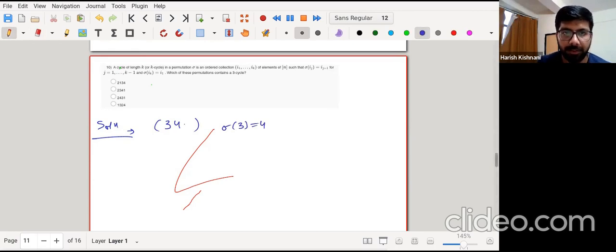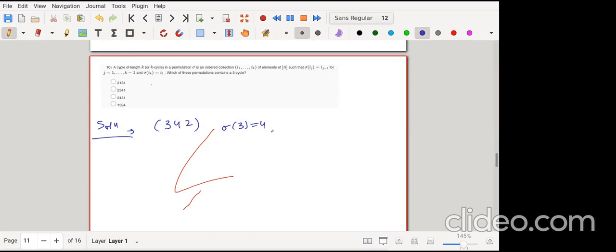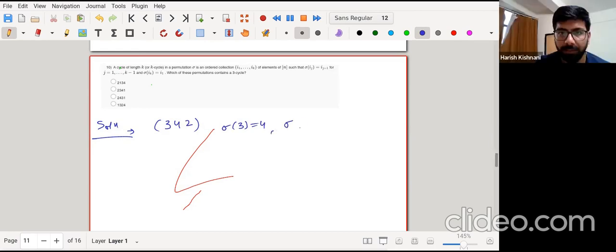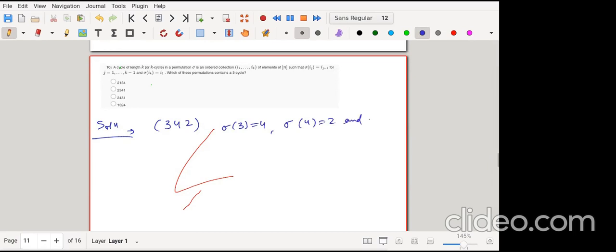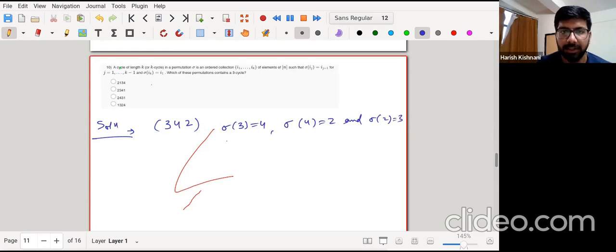So let's say 3 4 and maybe 2. Sigma of 3 is 4, sigma of 4 is 2, and sigma of 2 is 3. So we say that it's a cycle if sigma maps these elements in such a way. So this implies that 3 4 2 is a cycle.